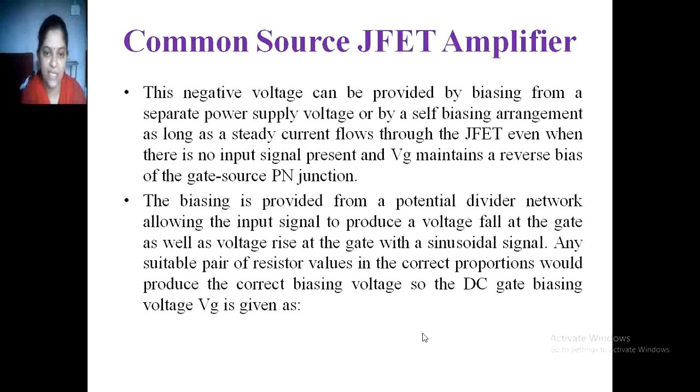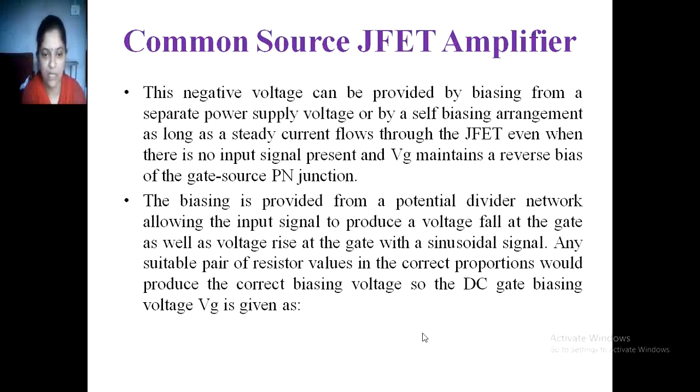The biasing is provided from a potential divider network, allowing the input signal to produce a voltage fall at the gate as well as a voltage rise at the gate with a sinusoidal signal. Any suitable pair of resistor values in correct proportions would produce the correct biasing voltage.